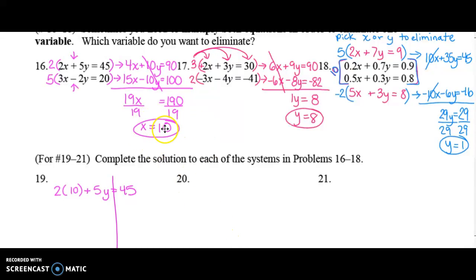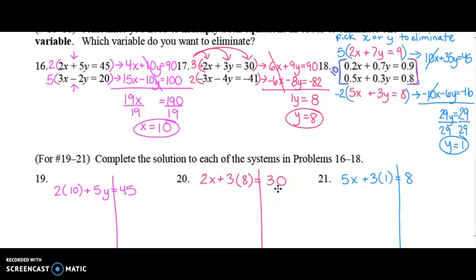I substitute 10 in for x, so I'm using the top equation. So 2 times 10 plus 5y will equal 45. Don't forget your order of operations. You're working on them backwards. So you'll have to distribute the 2. On the second equation, I'm going to use y equals 8 and rewrite the top equation: 2x plus 3, and instead of y, replace it with 8 equals 30.